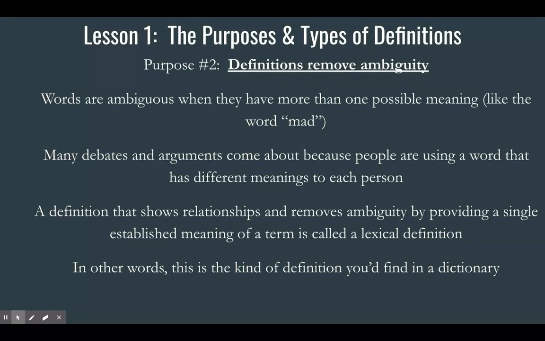In other words, this is the kind of definition you'd find in a dictionary. A definition that shows relationships and removes ambiguity. So if you're keeping score out there, our first type of definition, a lexical definition, accomplishes 2 purposes. It removes ambiguity and it shows relationships.